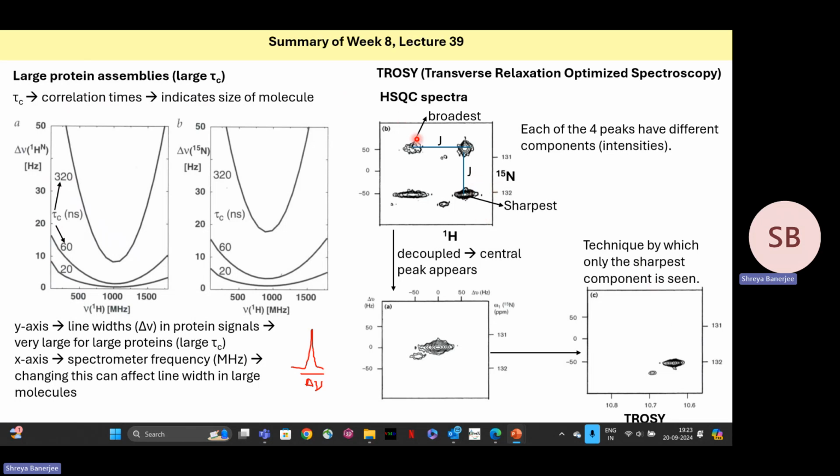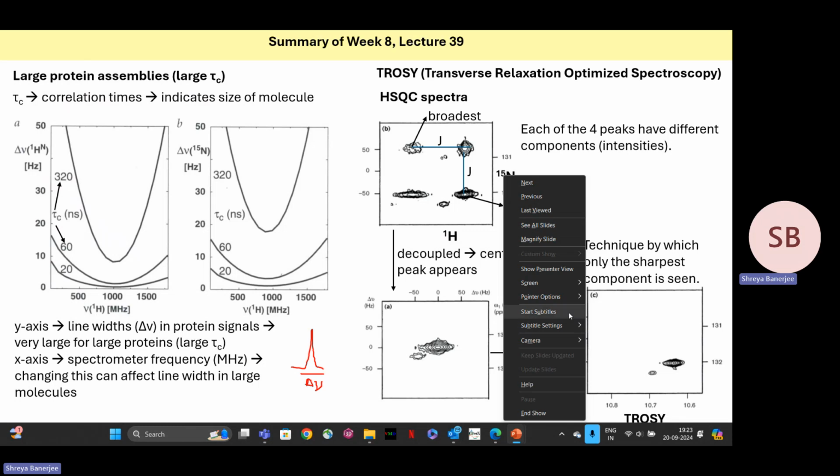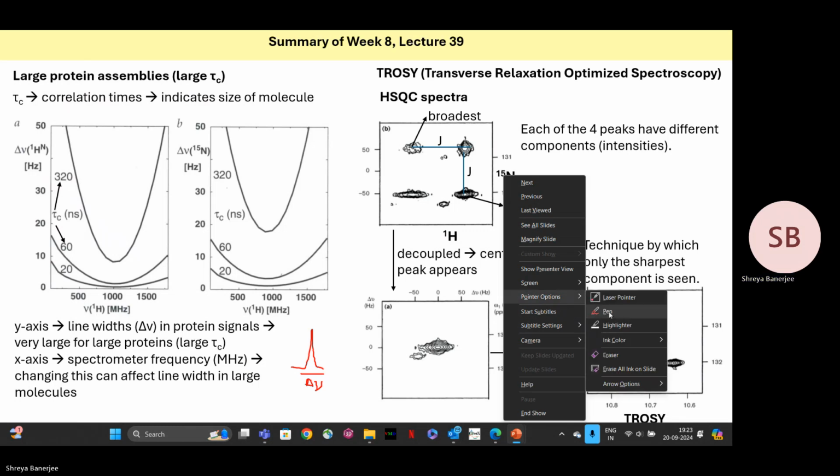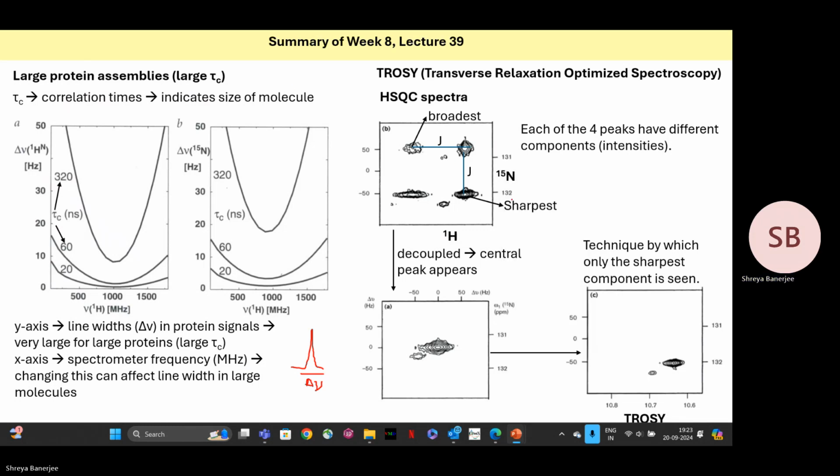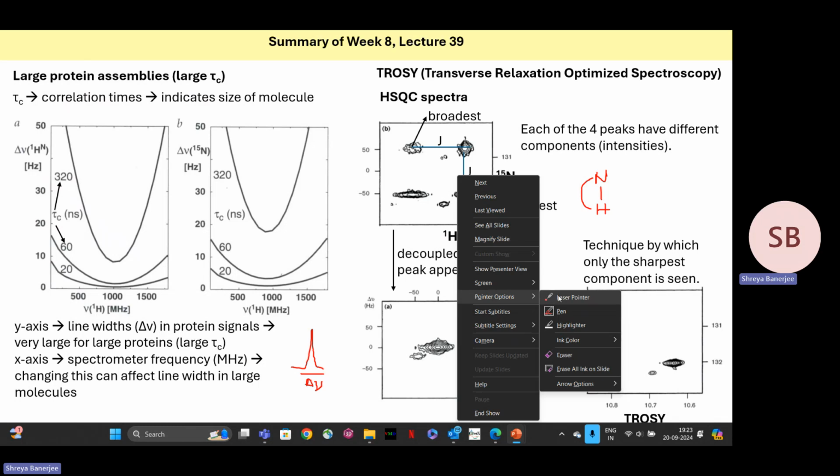So basically for an NH peak in an NH spectrum, this is the NH peak. The fine structure is being shown. The fine structure will have four components.